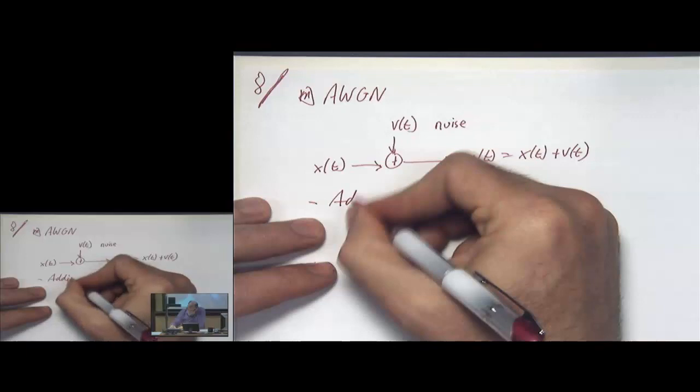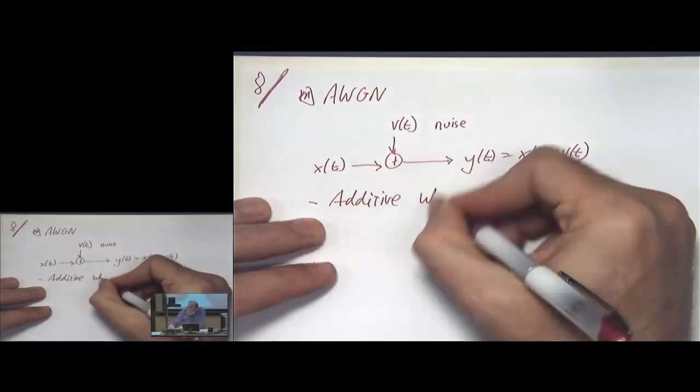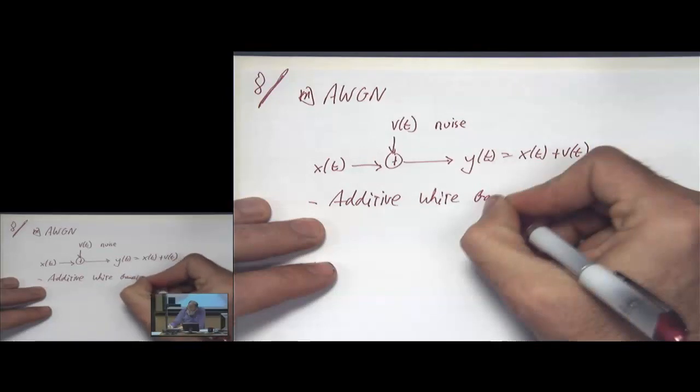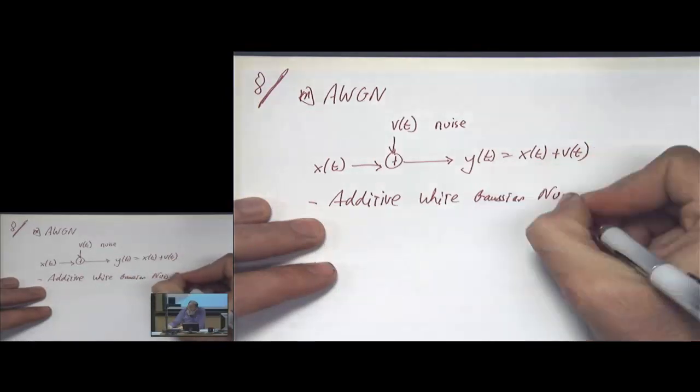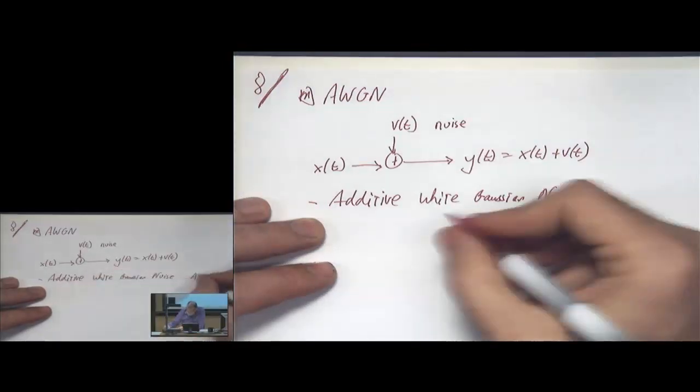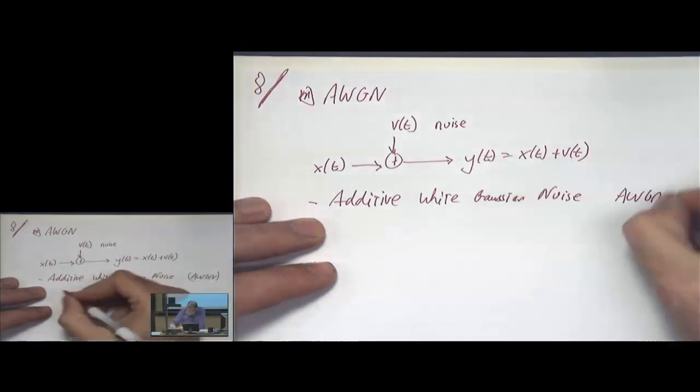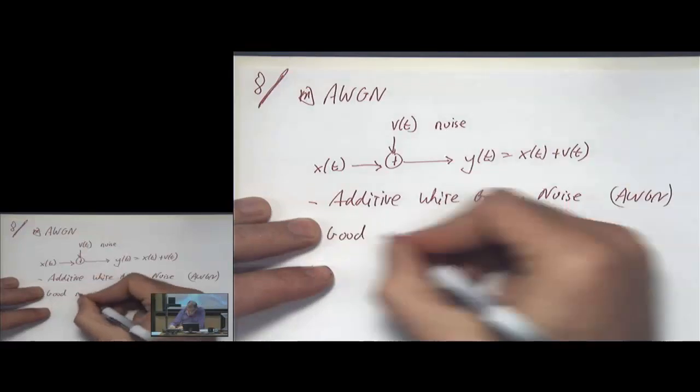I'll write this out at least once here: additive white Gaussian noise, and this is a good model for thermal noise.